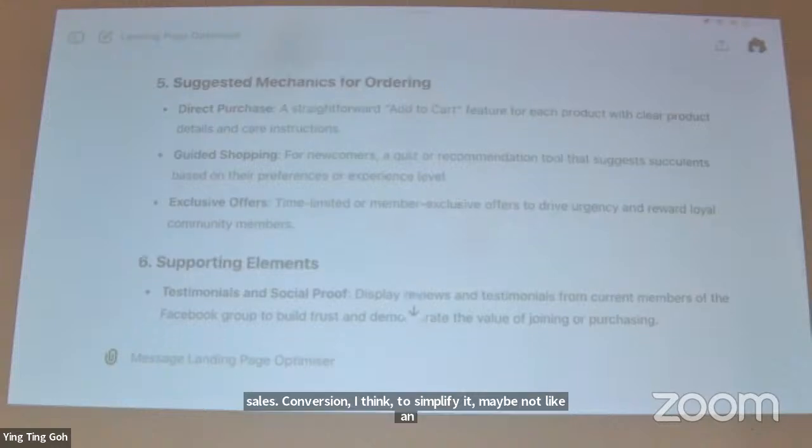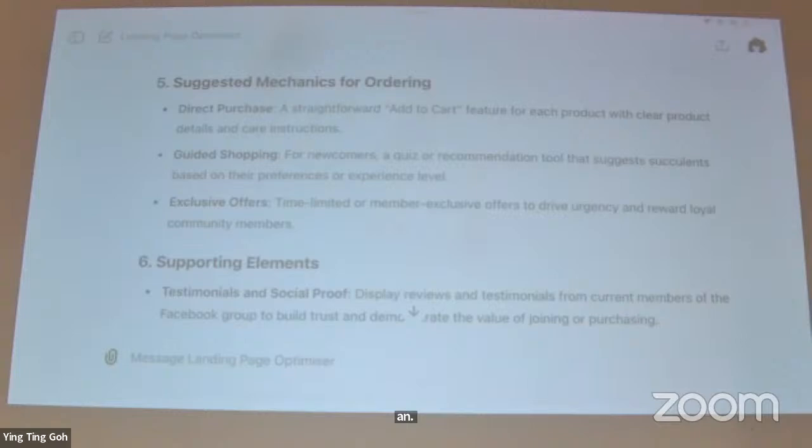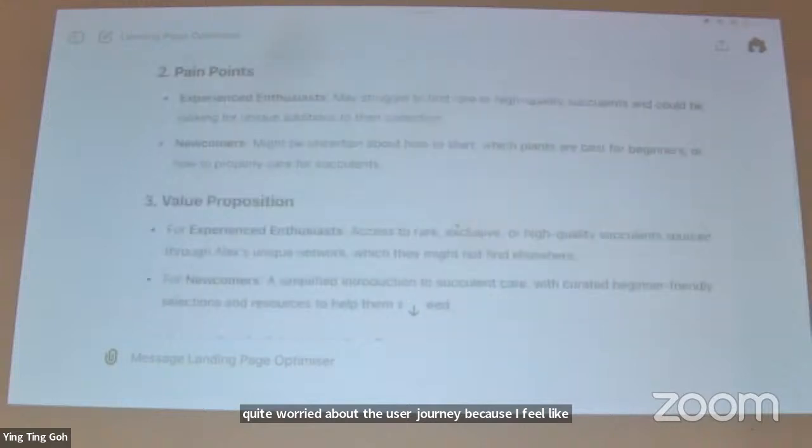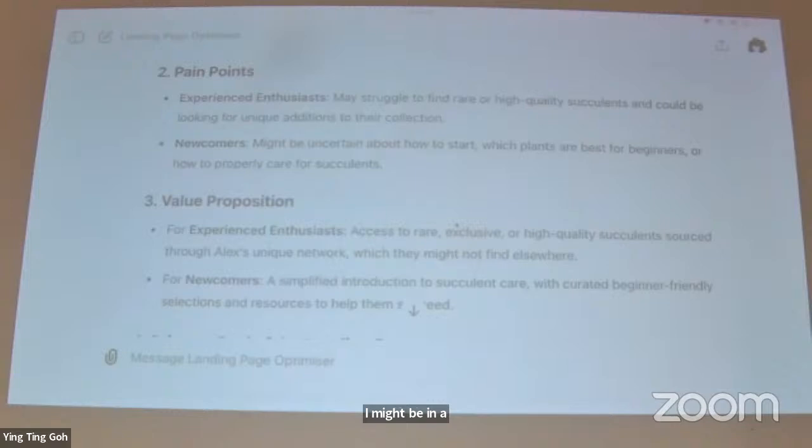I'm quite worried about the user journey because I might alienate either the experienced enthusiasts or the newcomers if the content is mixed, and I'm wondering if you can create clarity on how to order the sections based on that.